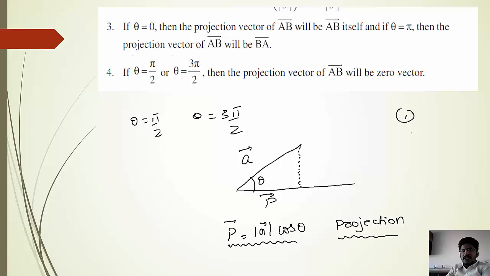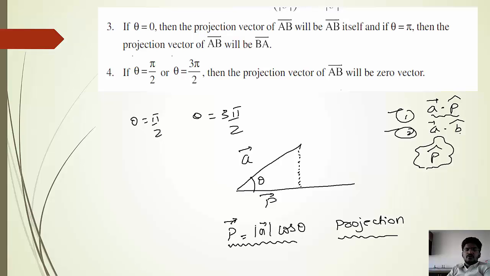In the first point and in the second point, we have seen that if P is a unit vector, we came to a conclusion that vector A dot P cap will be the formula, and we derived vector A dot B cap in the second point. Whenever two vectors, vector A and vector B, are given, what you have to solve? Vector A dot B cap. But we already know that projection P is equal to magnitude of vector A cos theta.